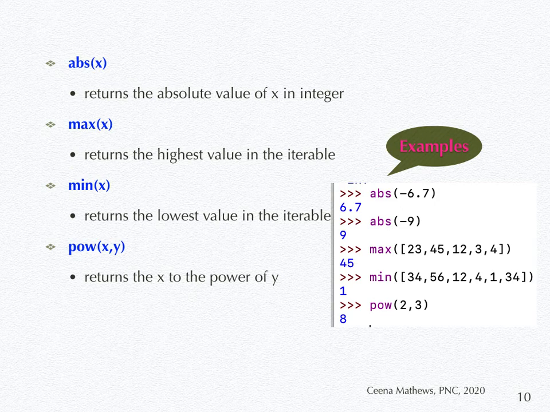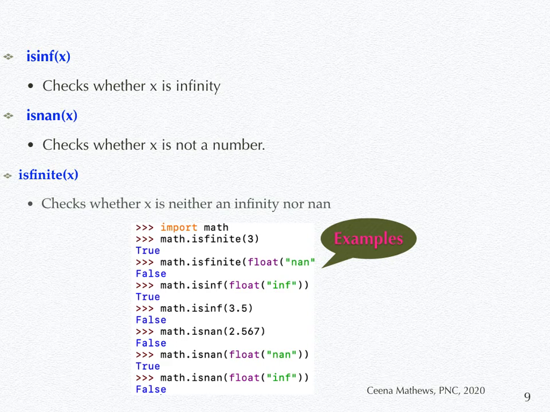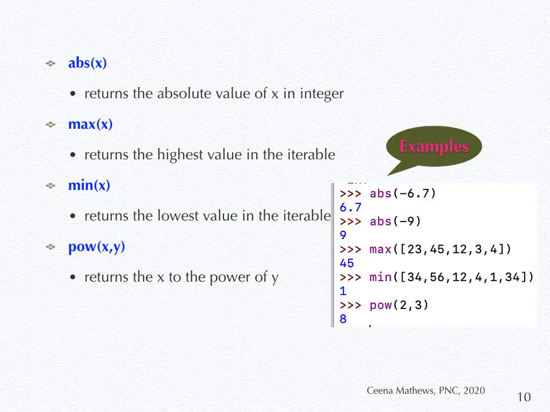Okay. These are some of the functions that are used with the math module. Next we'll see some of the math functions that can be used without the math module.